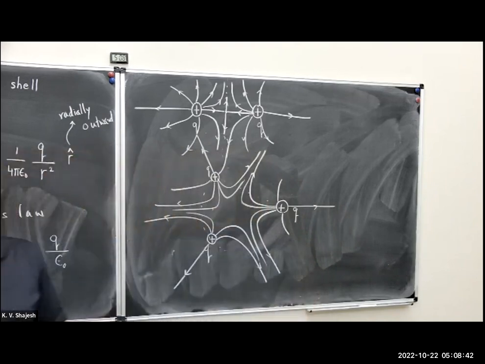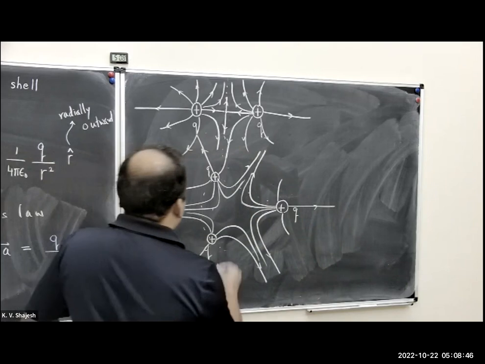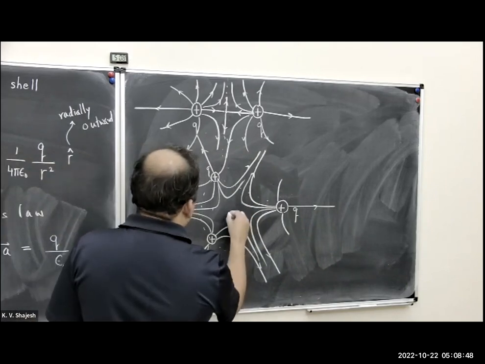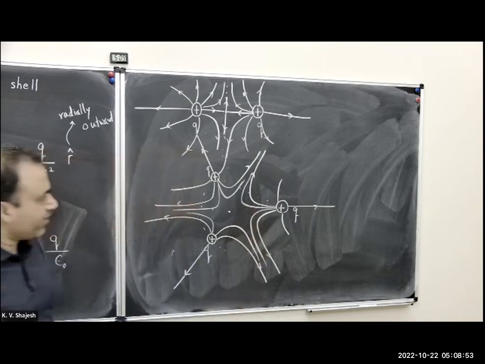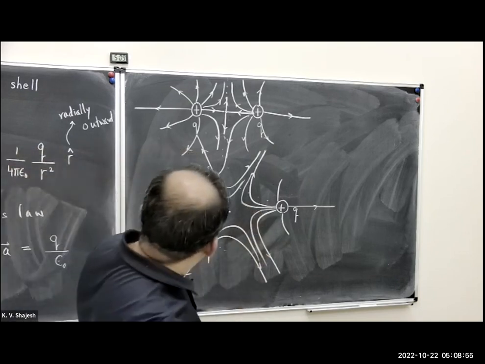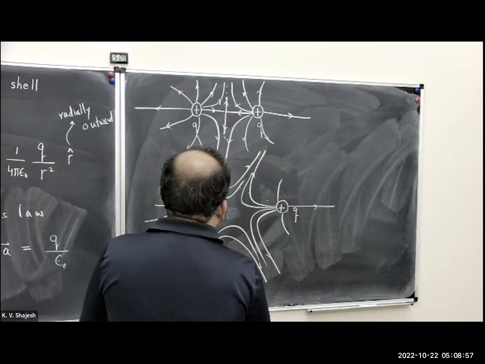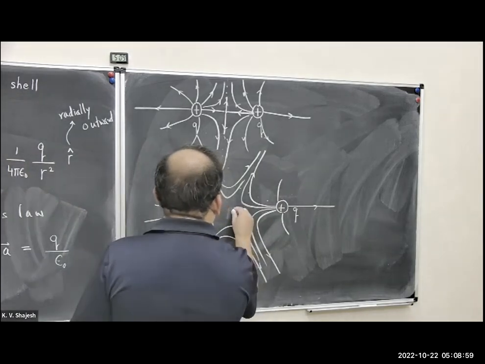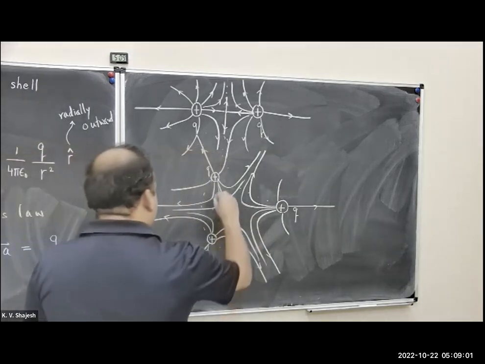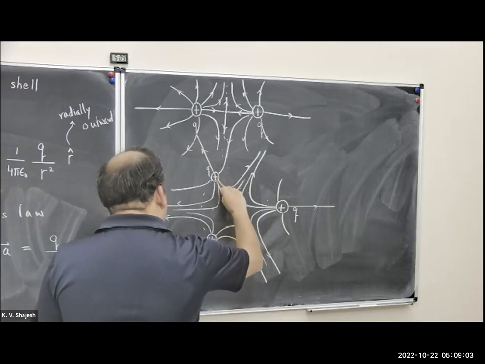And we could ask, how many points are there with electric field equal to 0? Surely it's very clear that there is this point where the electric field is 0, right? Is that the center? Maybe slightly off. So that's your center, correct? And again, I can ask, what is the electric field here?